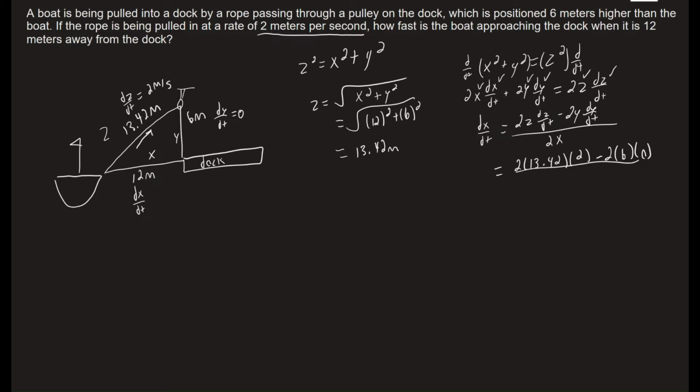So everything will go to 0 there. And 2 times 12. So if you plug all that in your calculator, you'll be left with 2.24 meters per second. And that's the answer for that one.